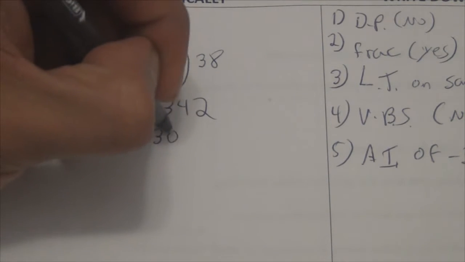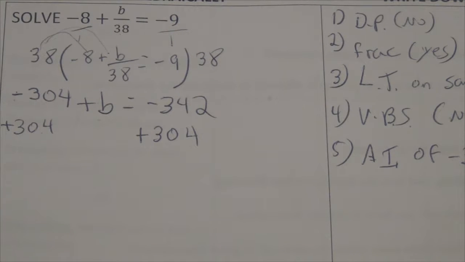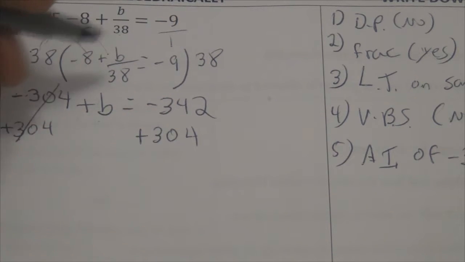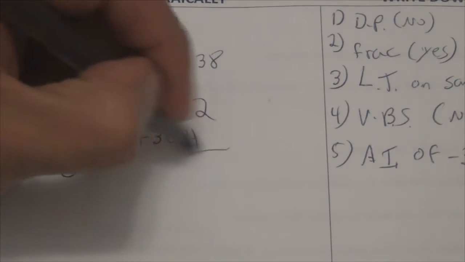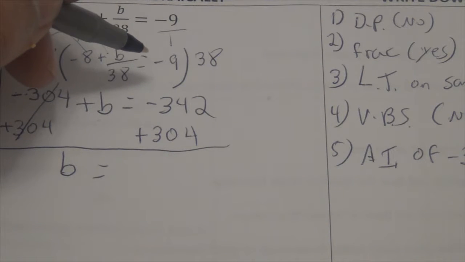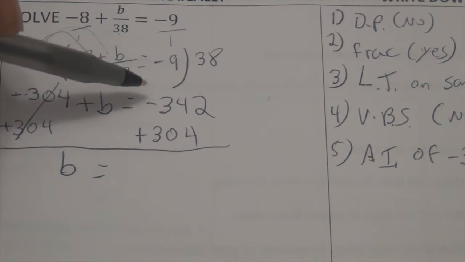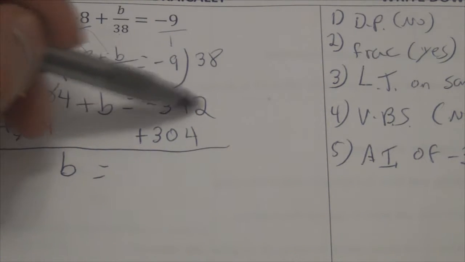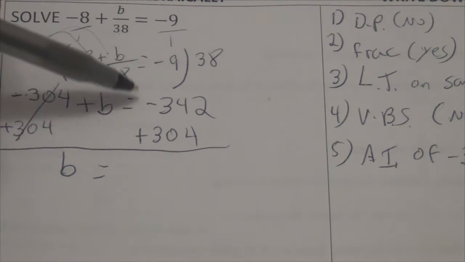And when you do to one side, you got to do to the other. So now the question is, what is negative 342 plus 304? I know that this will cancel out, so 0, bring down the b. And this is negative 342 plus 304.